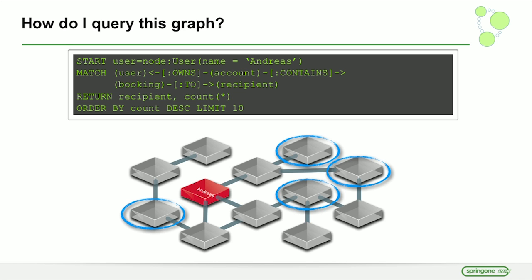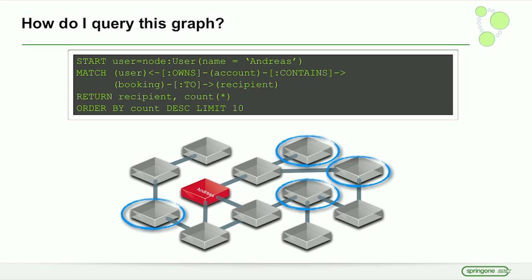An account contains bookings, and then you have recipients, and then you can aggregate the recipients and get the top 10 recipients of your database. So that's the way that you create that. So you start at a person, and then you just follow the relationships as implied by this pattern that you give here.